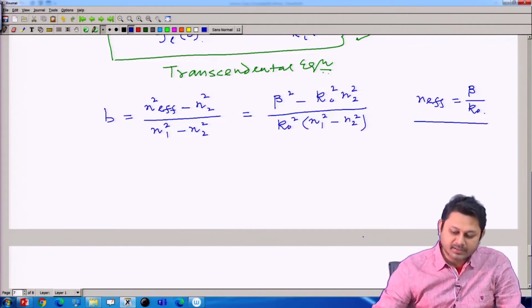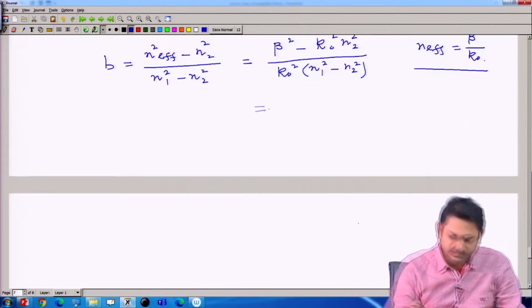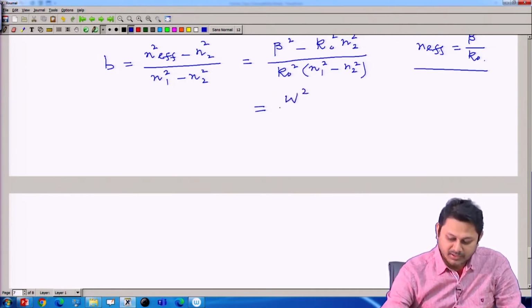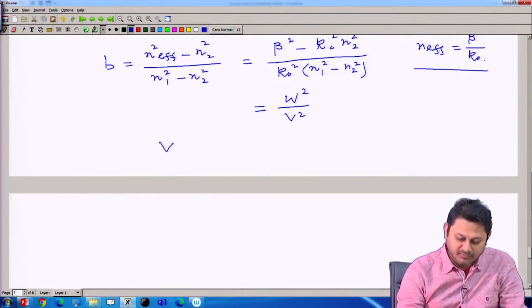So this quantity beta square minus, this B is simply W square divided by V square. What is V? By the way, V is the V parameter, and V square I can write as a square k 0 square N1 square minus N2 square.